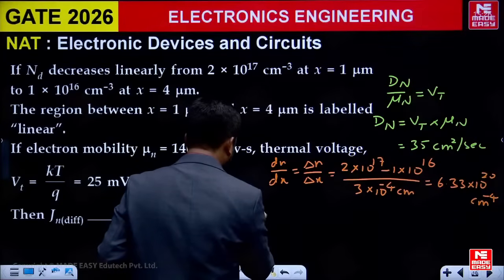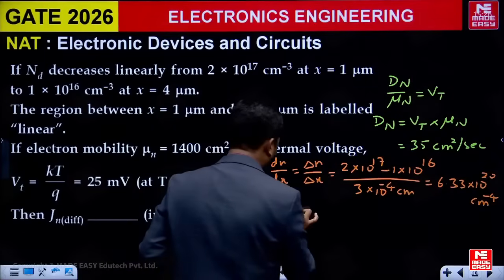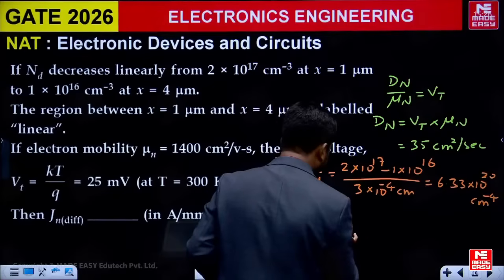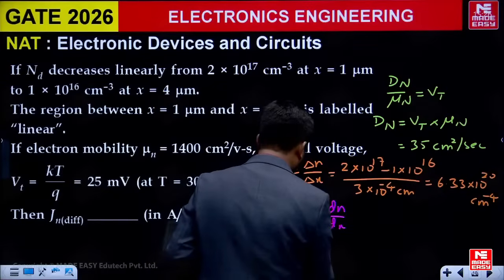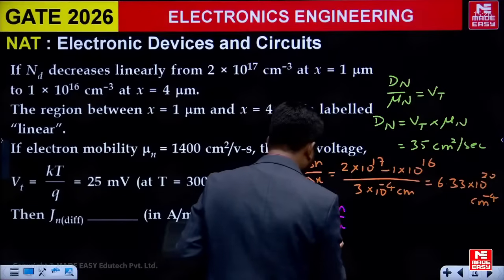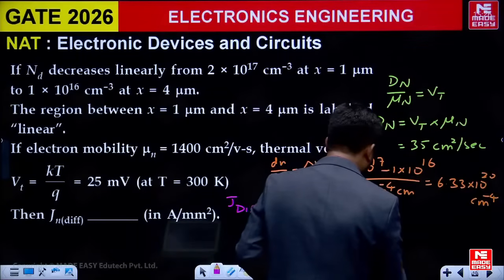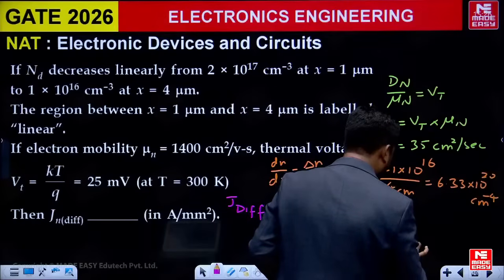J diffusion is equal to q into D n into dn by dx. You can substitute electron charge 1.6 into 10 to the power minus 19, diffusion coefficient 35, and concentration gradient 6.3 into 10 to the power 20.